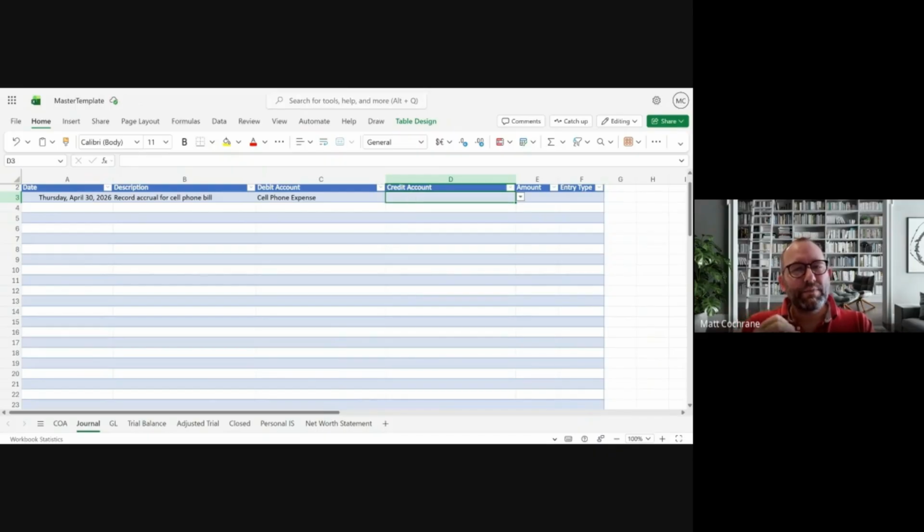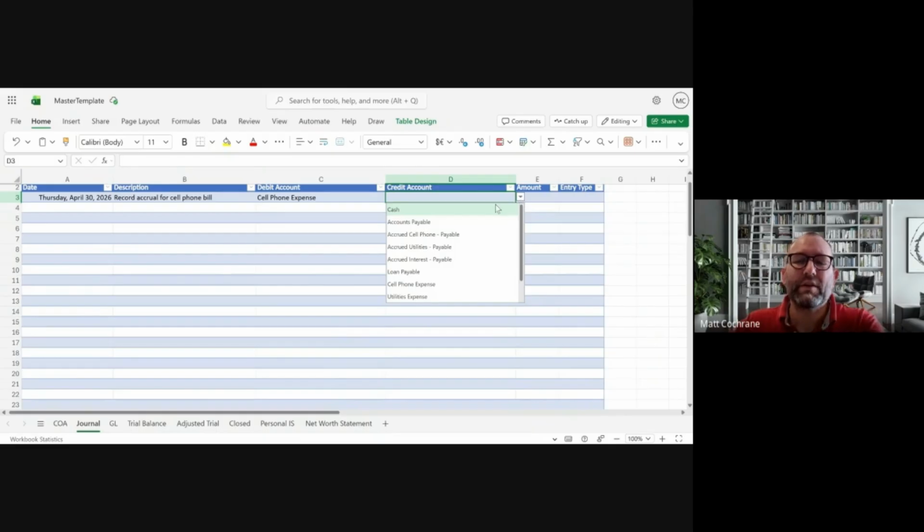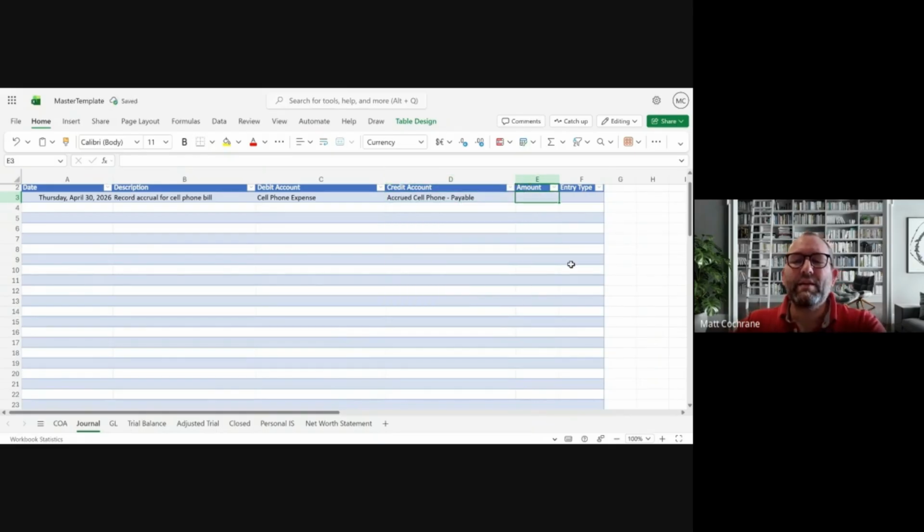Well, we're not spending any money right here. We're just realizing that there is an amount that's accrued, the cell phone bill portion that's accrued. So we come here to the accrued cell phone payable. And the amount here is $45. And the entry here would be an adjusting entry. Again, this would happen at the end of last month. All right, so that takes care of the cell phone bill.